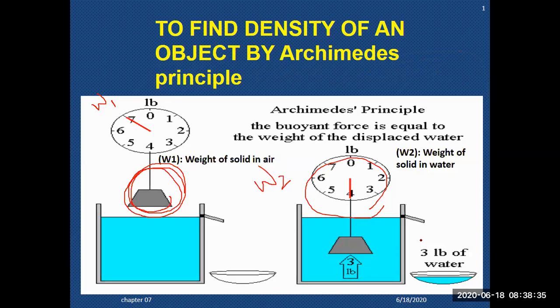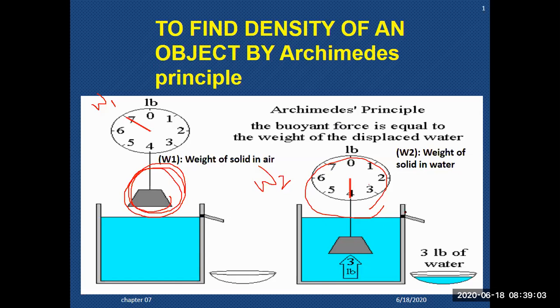Which method will you follow? By following Archimedes principle, you first take the weight of the object in air and note it down, say W1. Then you calculate the weight of the object when it is immersed in liquid before touching the bottom, suspended in the liquid at a certain height, completely immersed.